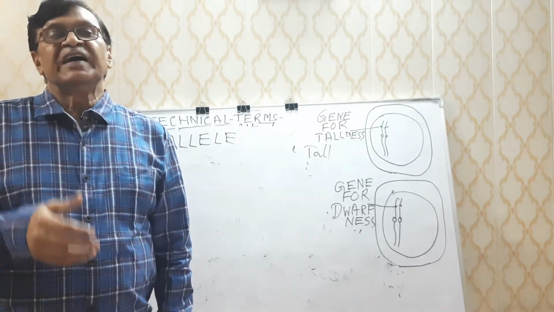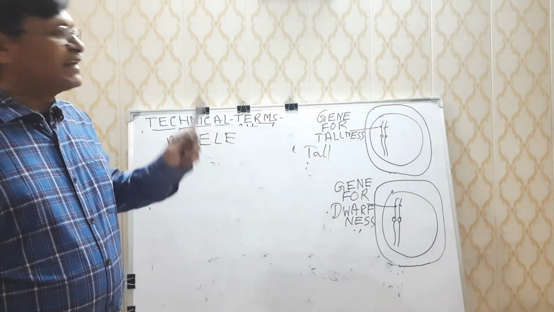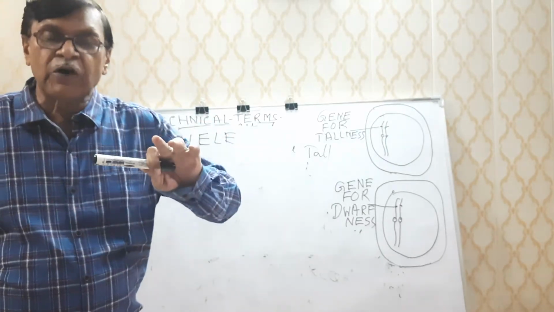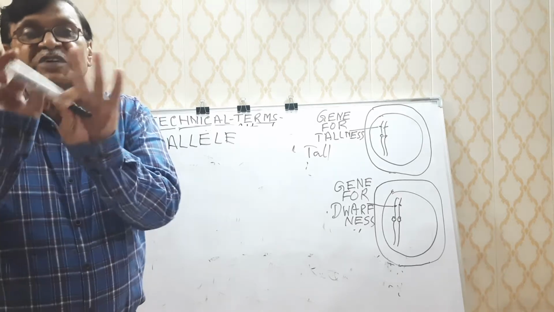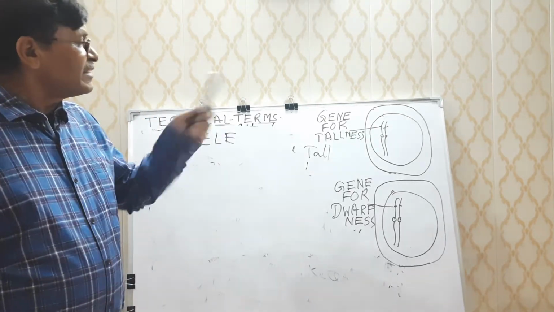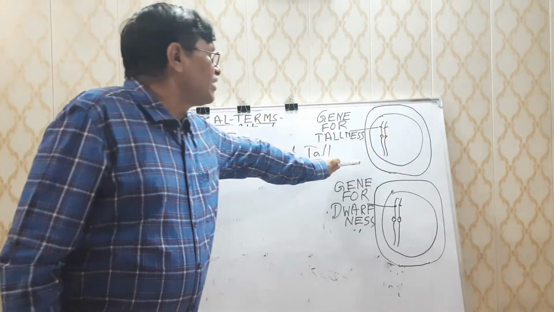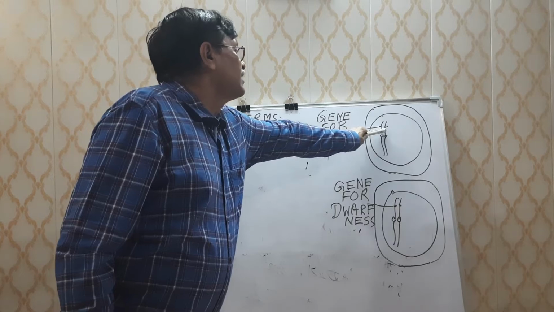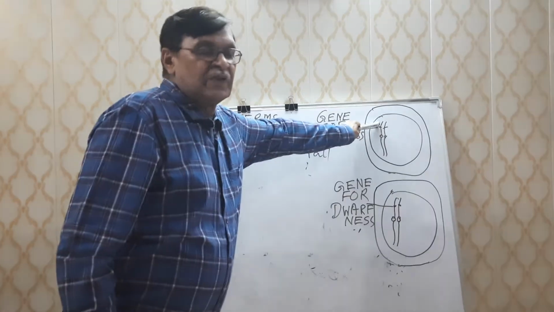Later on, another definition of allele was given: alleles are those genes which are found on the same locus of a chromosome. Locus means point. So if we talk about a tall plant, one of the cells of that tall plant has a pair of genes for tallness on this chromosome at this point.